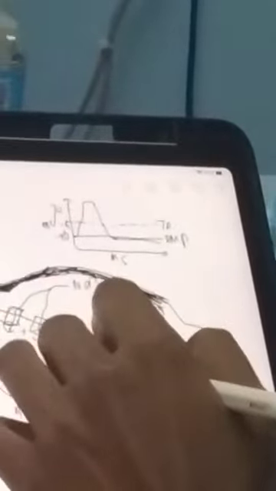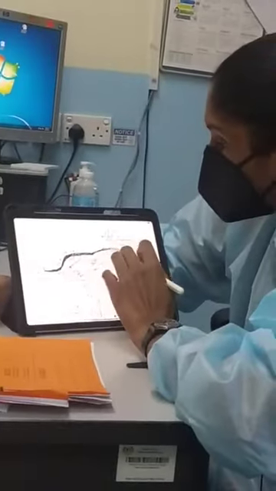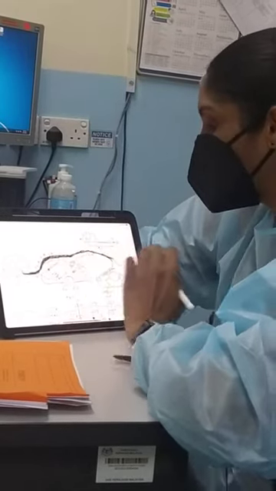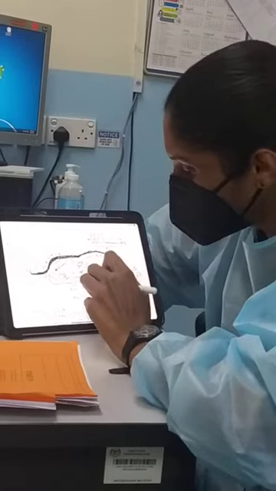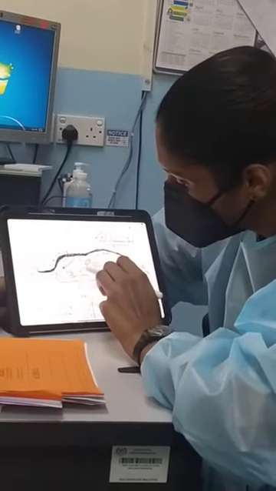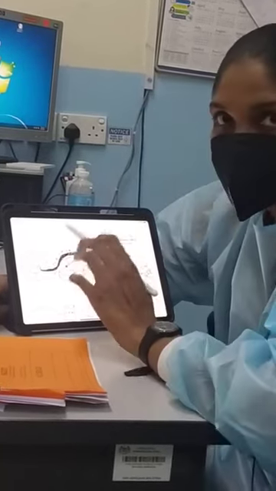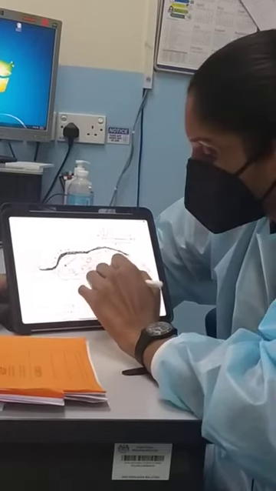This axis is time and this is voltage. The resting membrane potential is usually around negative 90 millivolts, meaning the cell is at rest. When there is more positive charge in the cell, it reaches the action potential, up to about 30 millivolts. The synaptic vesicles contain acetylcholine, and through exocytosis the acetylcholine goes out.